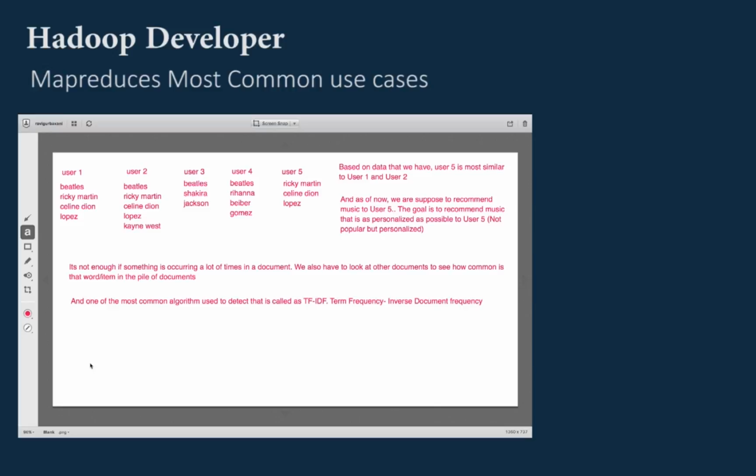It's called term frequency inverse document frequency. Let's see how it works.